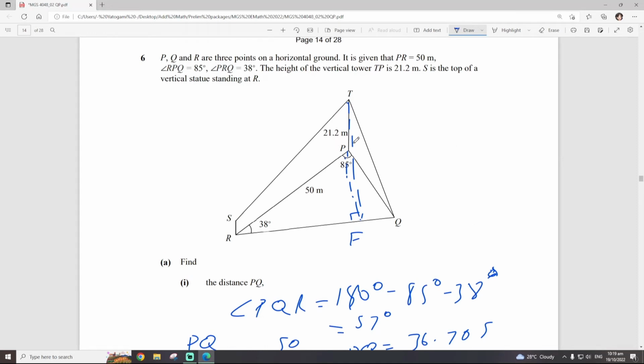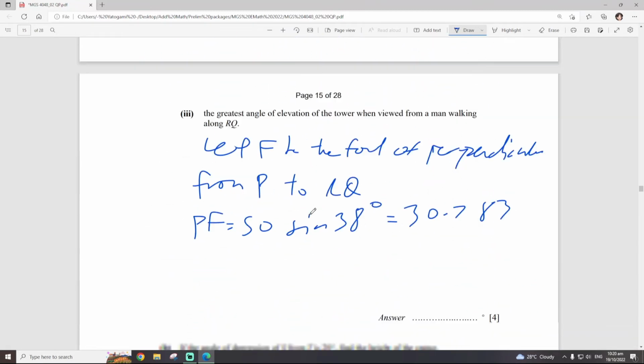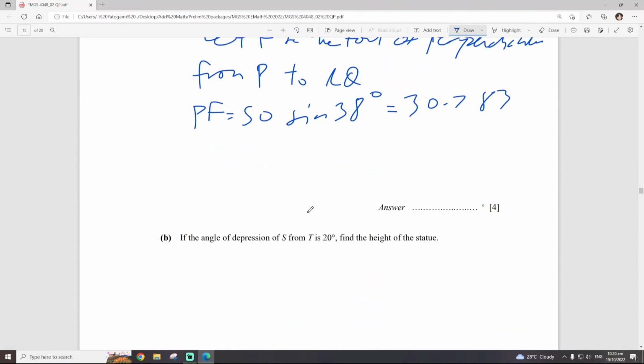The angle of elevation is TFP, and we actually have a tangent angle. So tangent of TFP, opposite being the 21.2, equals 21.2 divided by 30.783.